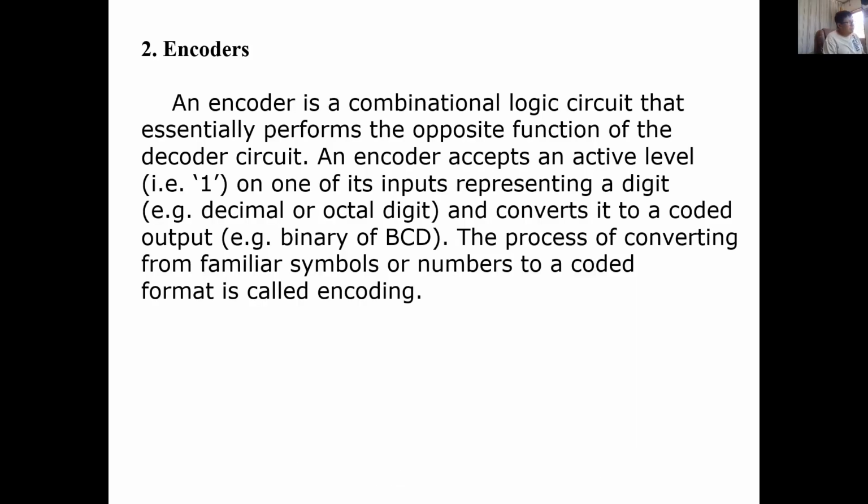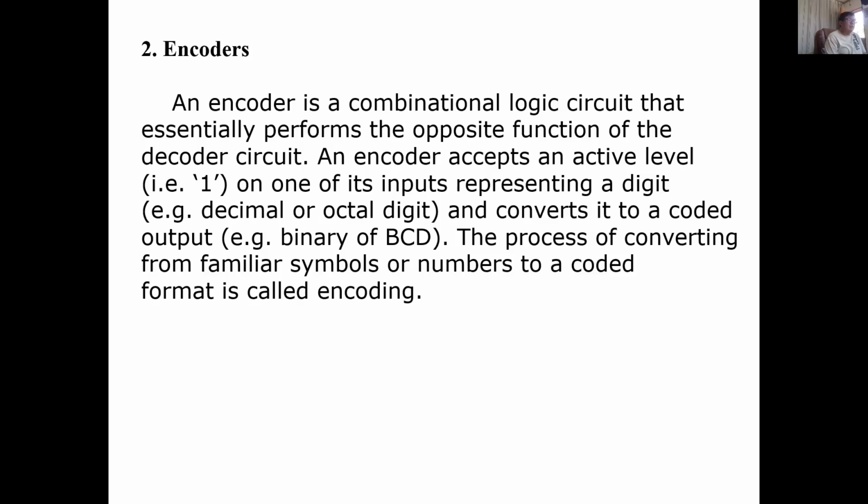The second example of a commonly used circuit is called an encoder. An encoder is the reverse of a decoder, where it converts hexadecimal or decimal into binary. That is because people can only understand decimal or hexadecimal.